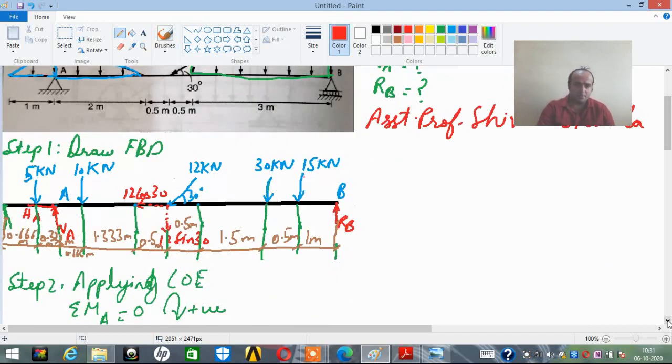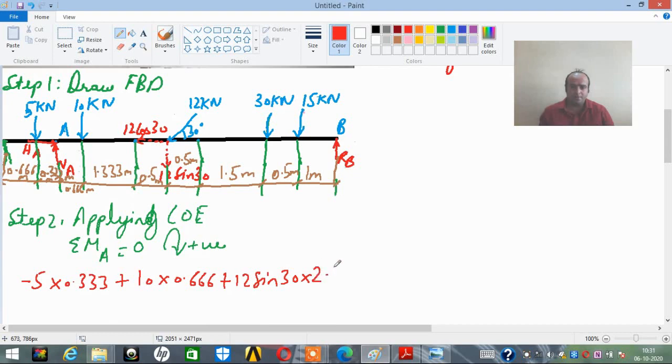So into 2.5, again plus 30 into 2.5 plus 2, that is 4.5, into 4.5, plus 15 into 5, minus RB into 4.5 plus 1, it is going to be 6, into 6 is equal to 0.